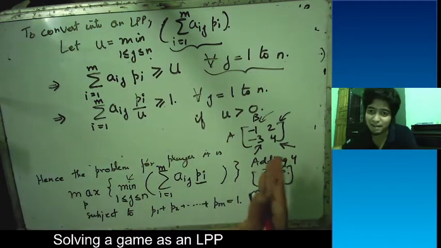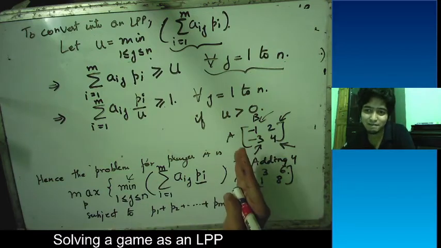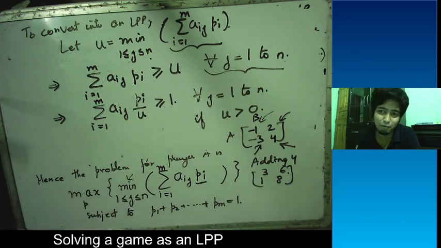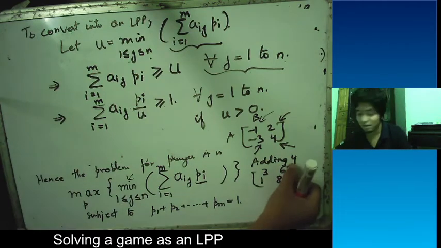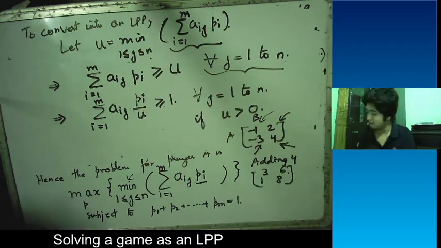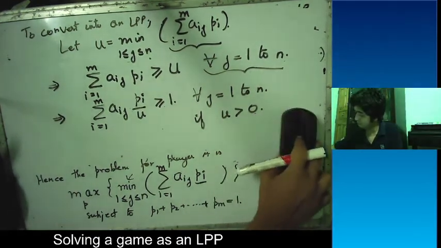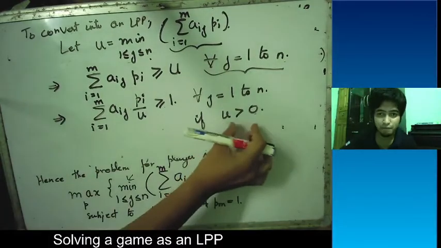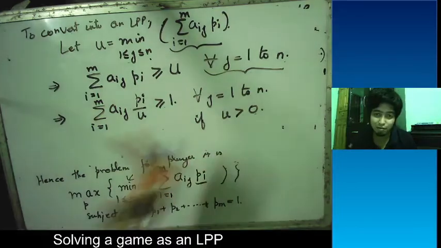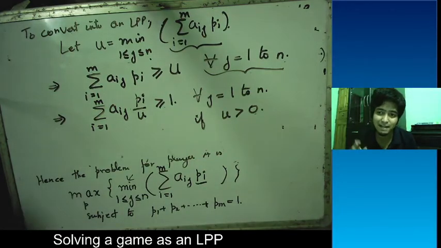So first you add it, and after solving and playing the game, he can return the amount that was given to him. So that is why, if u is greater than 0, we can do it. Actually u can always be greater than 0 just by adding some constant.